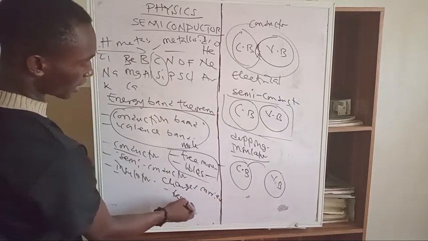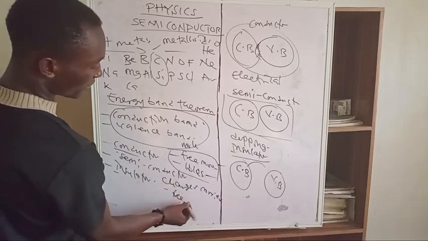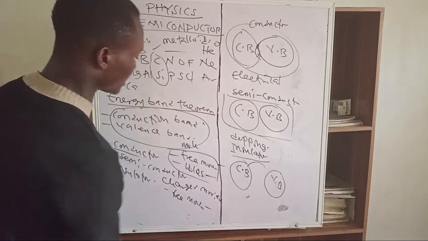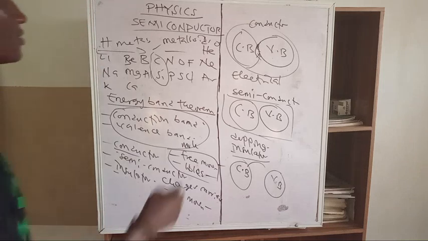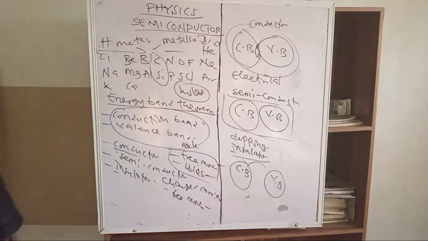In the molecular structure, we have free moving electrons and holes. So when an electron migrates from one energy level to another, it creates what we call a hole, and the holes are positive while the free moving electrons are negative.